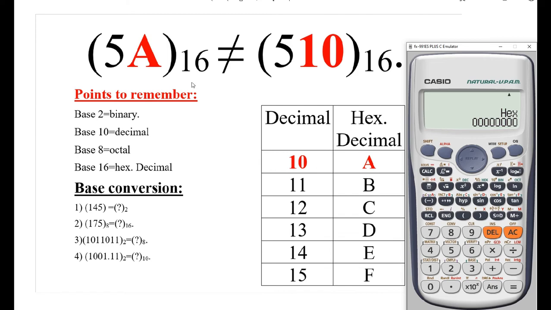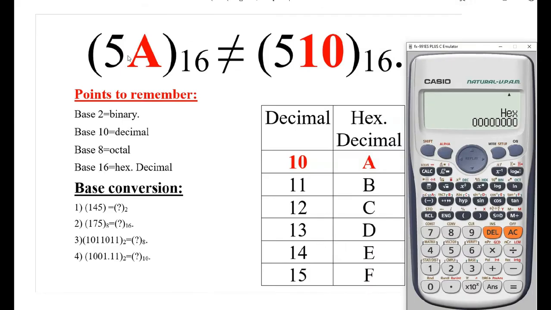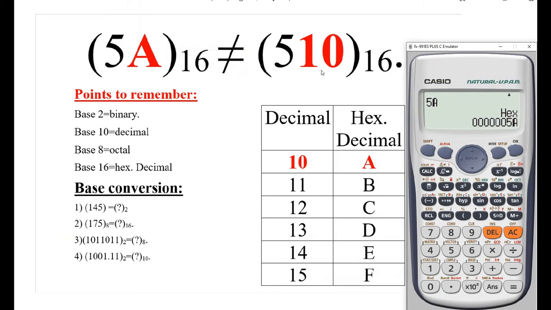Let me just store the hexadecimal. Now calculator is in hexadecimal, so let me just press 5 and then A. Here is A, and press equals to store. Here 5A is in hexadecimal format, and let me just convert this 5A into the decimal number.